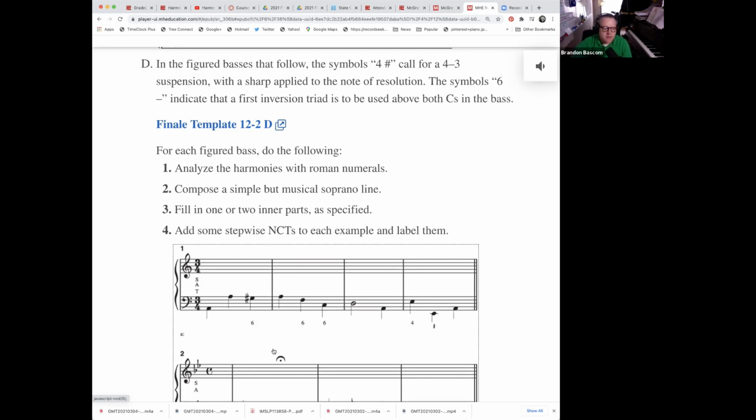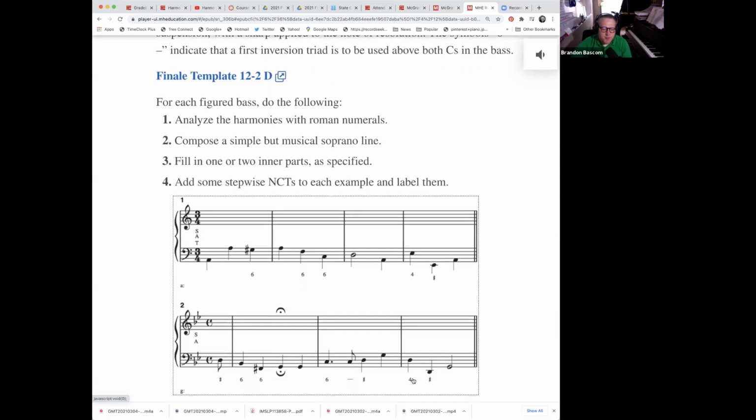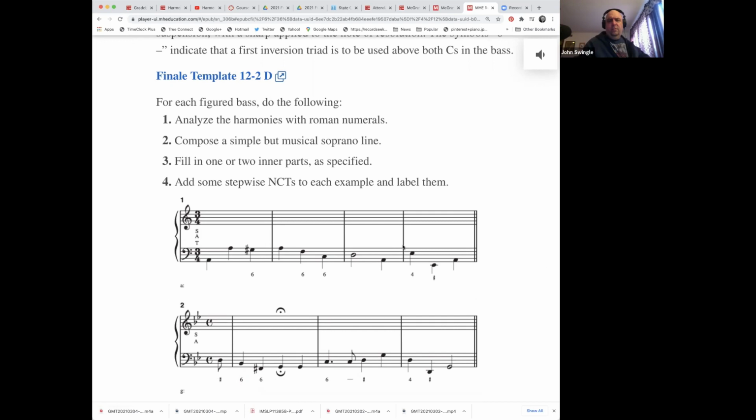Does everybody see that? So we are composing a melody over the top. We're analyzing the harmonies with Roman numerals. If there's no Arabic number, what does that mean? It's in root. Yeah. So these are root position, root position.